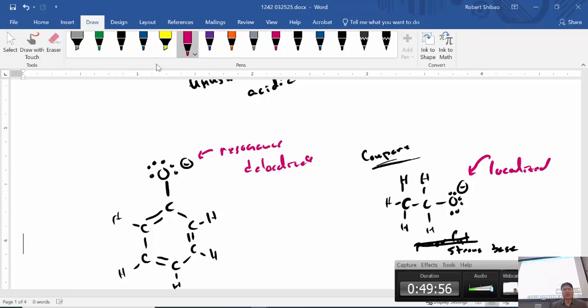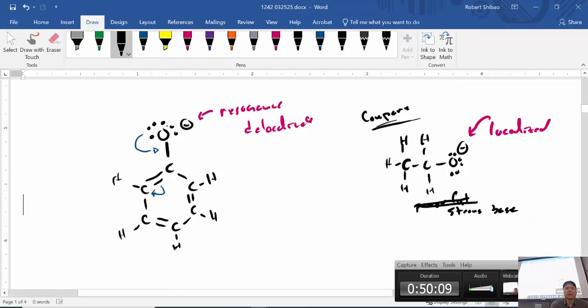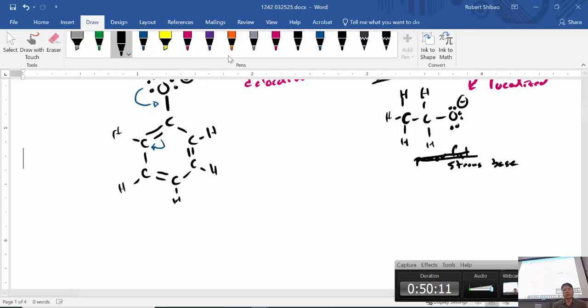So what we can do here is we can drop these into the bond here and then kick these out and place them. So we're going to change the hybridization on carbon from sp2 to sp3 and then throw a lone pair on there. And the structure that we end up with here, this would be a resonance form, is going to look like this.